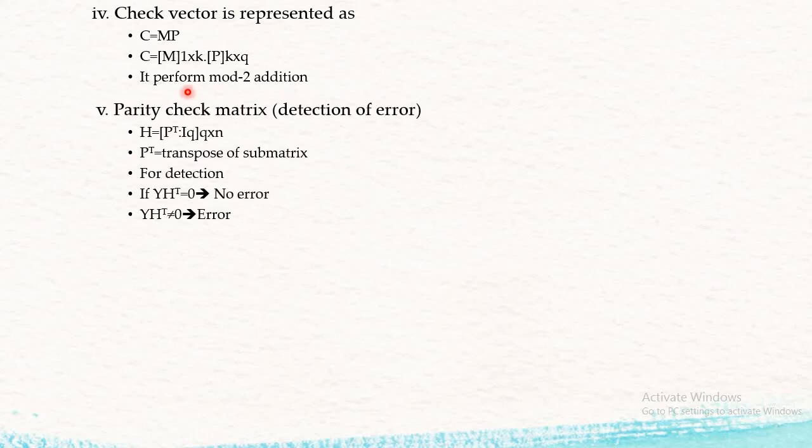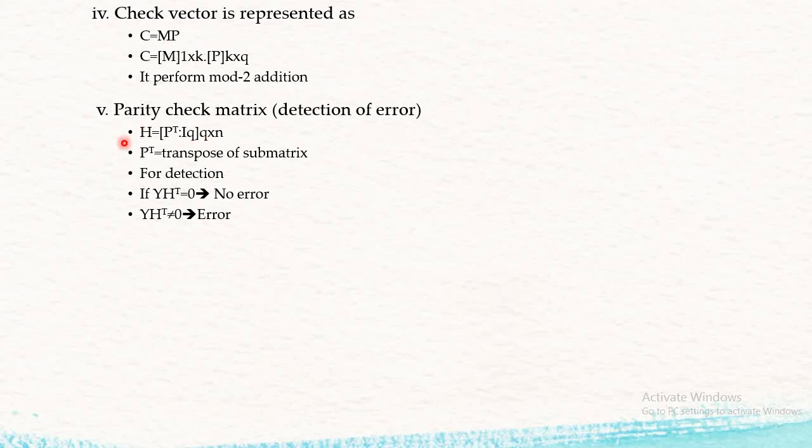Now once we have this check vector, the next part is what? To find the parity check matrix. Now this parity check matrix is used for detection of an error. P indicates the P submatrix, which is a part of the generator matrix, but the parity check matrix is indicated by the letter H. H represents the parity check matrix, which is used for detection of an error.